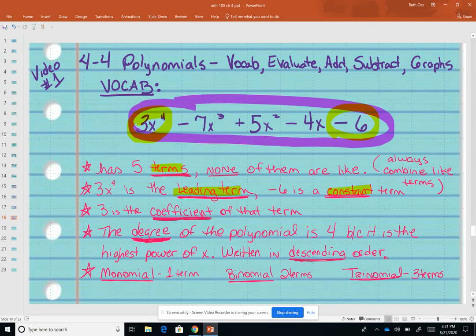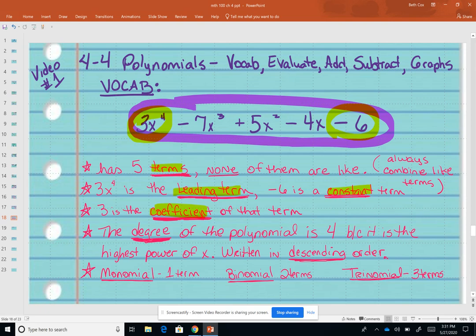All right. Now, the 3 part on the leading term is called the coefficient, just the 3 part. If you look at the other terms, you've got a coefficient of -7 on the second one, a coefficient of 5, a coefficient of -4 on the 4th one. And the last term, -6, is technically a constant term, but it's also its own coefficient.